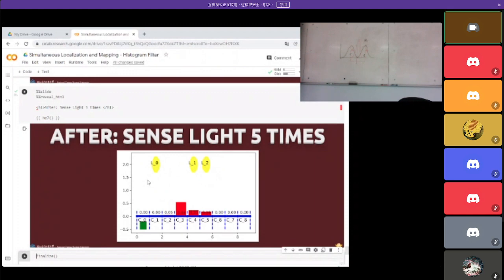If I have 10 million cells, then this would be a problem. So this wouldn't work on warehouse size, for example. 100 meters by 100 meters, you want to break it down into 10 centimeter squares. Computationally, it's going to require a lot of memory.